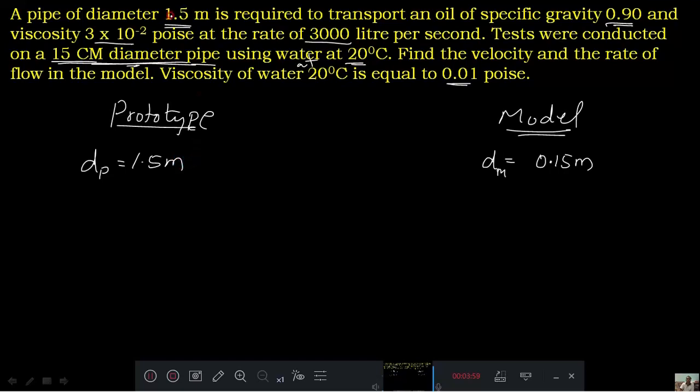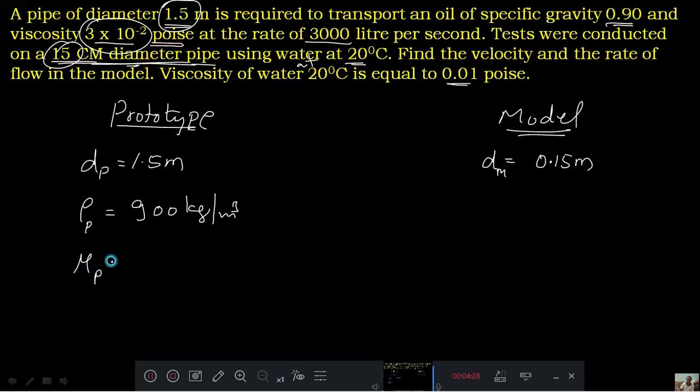I got two readings, and the oil is transported in the prototype. The specific gravity is 0.9, which you should already be familiar with, so the prototype density becomes 900 kg per meter cube. Then the viscosity is given. By seeing the unit you need to understand whether it is dynamic or kinematic. Here it is poise, which means it is a dynamic viscosity.